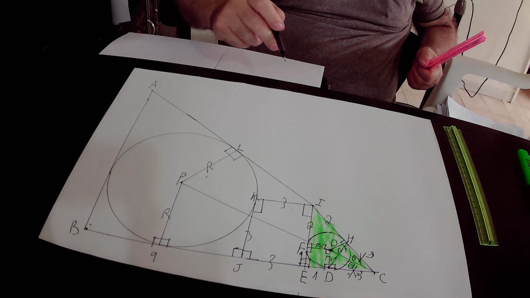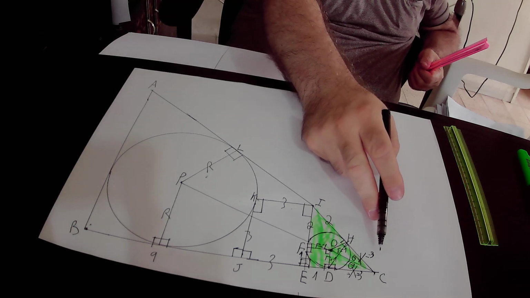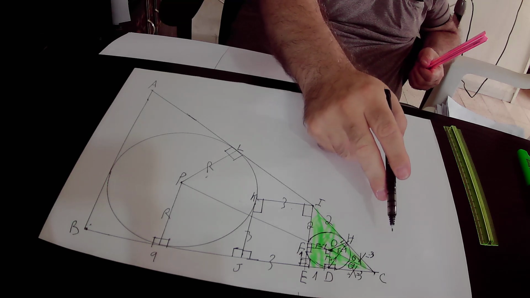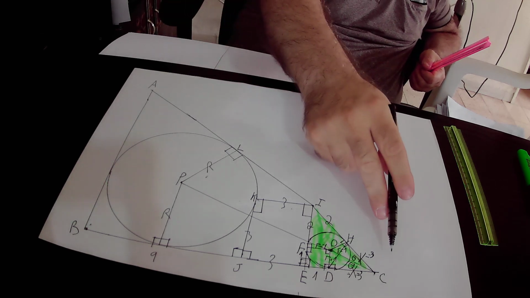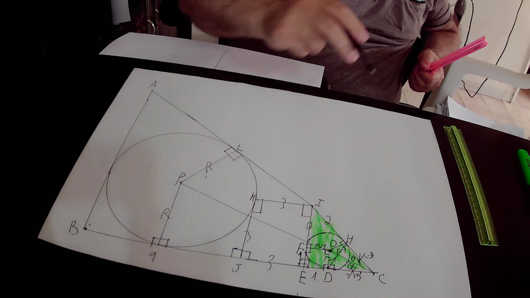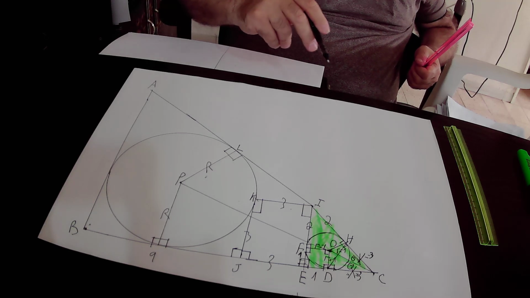In addition, if you focus on the common start point C, from the common start point C we have two tangents to the big circle, tangent CL and tangent CQ. And according to rule number 2, they are equal to each other.